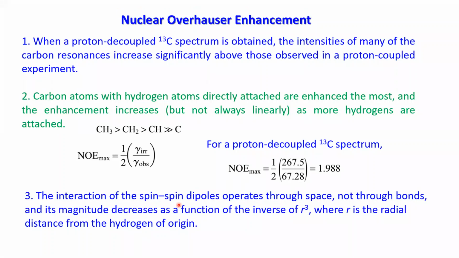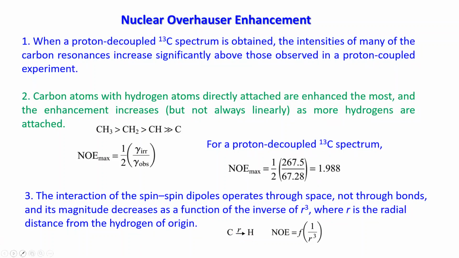So if the carbon and the proton are not connected but are close enough in space, that also has a huge impact. In that case, the Overhauser effect we observe is proportional to 1/r³, where r is the distance between the carbon and the hydrogen.